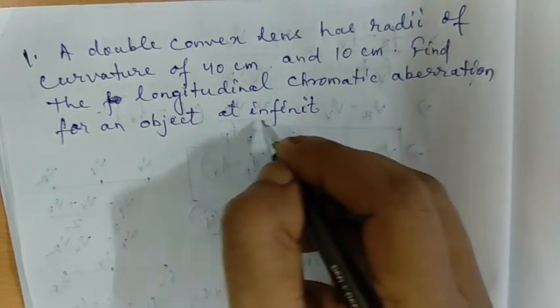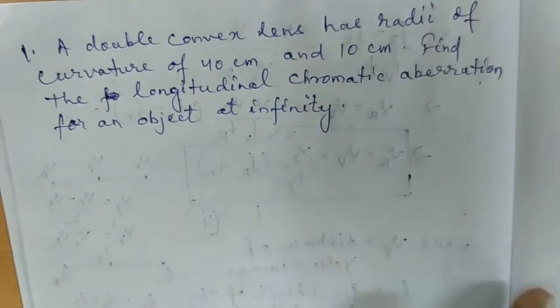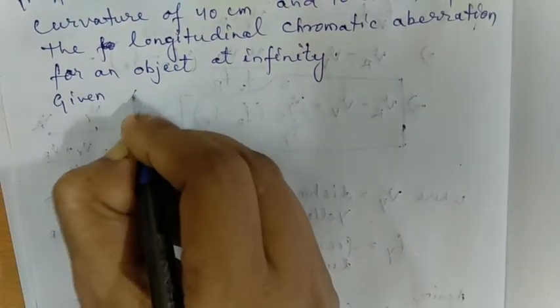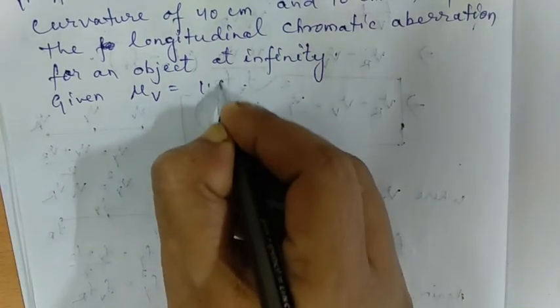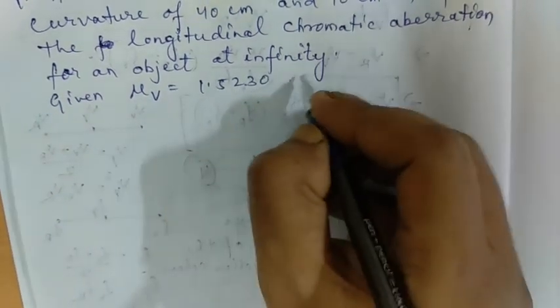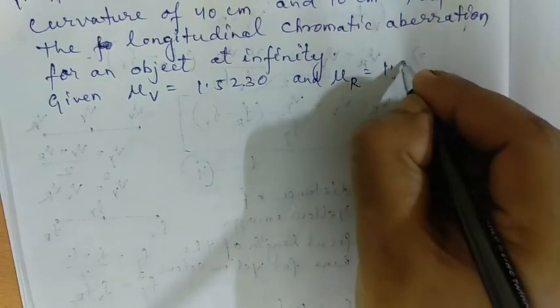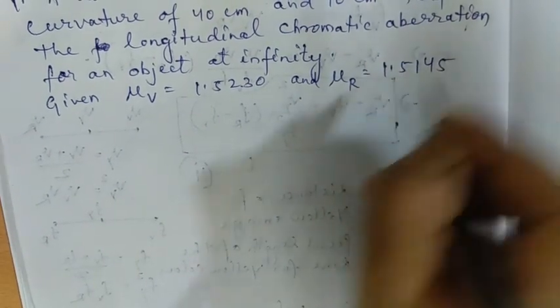Given mu v is equals to 1.5230 and mu r is equals to 1.5145.